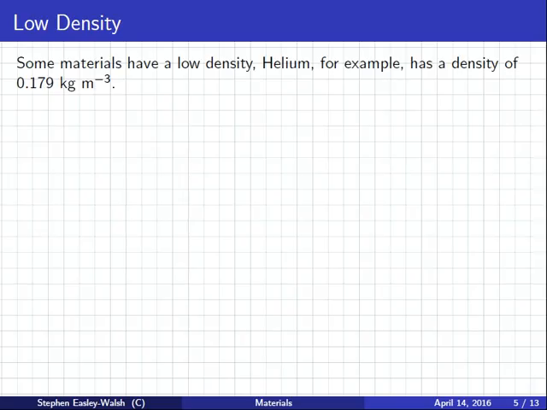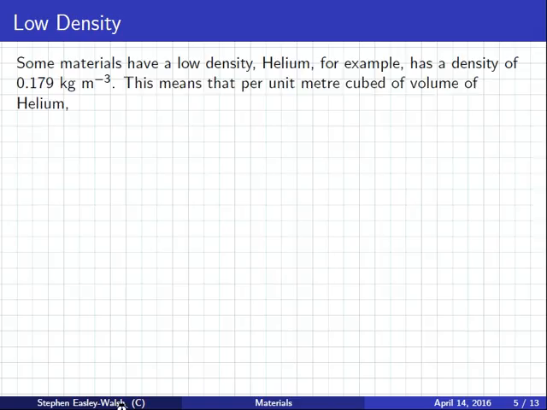Now, again, to put that in context, what's the density of water? Do you remember what I said it was? 1,000. Does anyone remember the density of air? We mentioned that in semester 1. 1.3. No, but you're close. It's roughly a kilogram per meter cubed, about 1.2 kilograms per meter cubed.